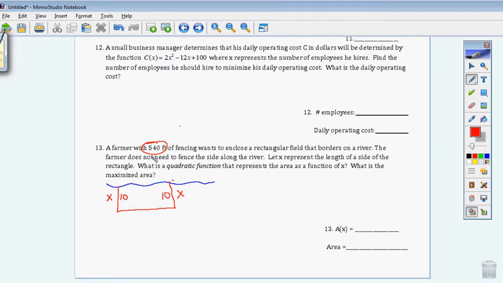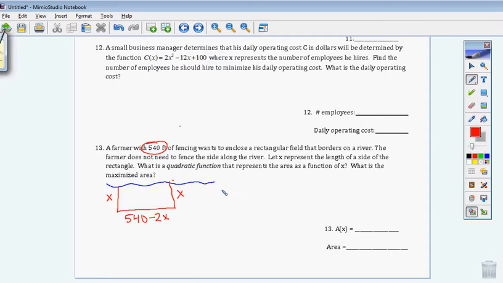So I would do 540 minus 10 minus 10, and I would have 520 feet left. But we can't do that because we don't know how much is there. So we have an X and X. For that reason, this side is represented as 540 minus the other two sides, which is 2x.